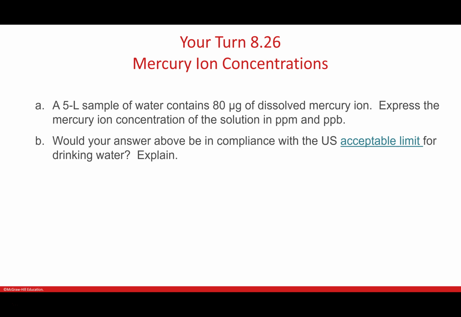Will that, and I'll ask it this one time, is this number in parts per million higher or lower? It should be higher. Wait, no, it should be lower. Oh gosh, parts per billion. Should be higher. Yeah, it should be a higher number. Yeah.